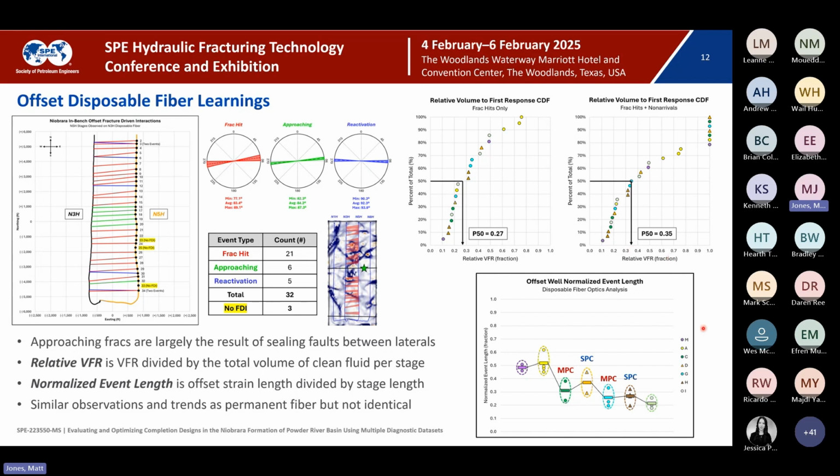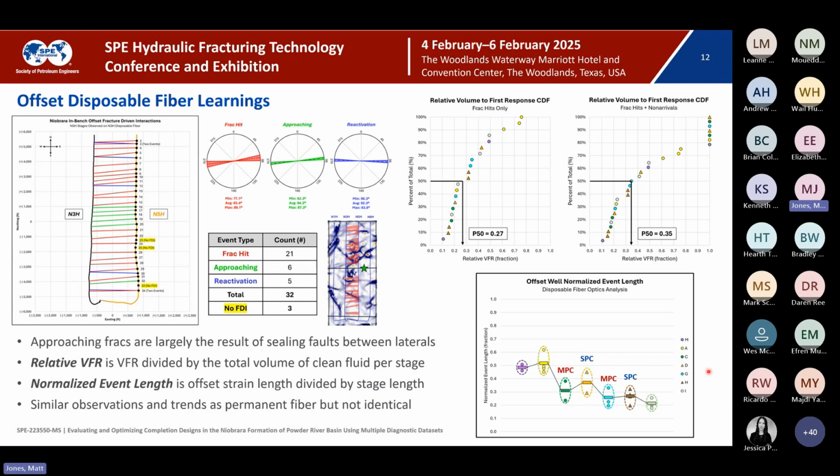When we look at offset well normalized event length, this is essentially the offset strain length seen on the offset well relative to the stage length on the treatment well. So again, it's totally debatable as to whether or not frac hits on an offset well are a positive or a negative. But if you are going to see frac hits, you can get a sense of far field treatment uniformity.